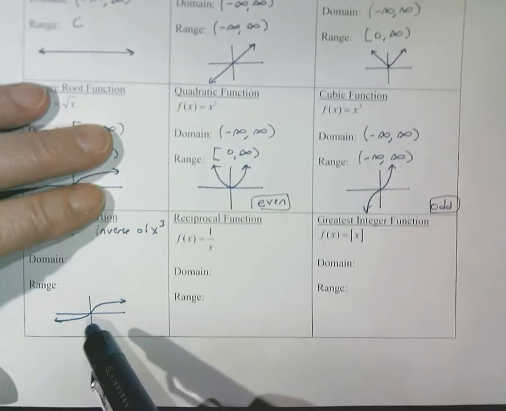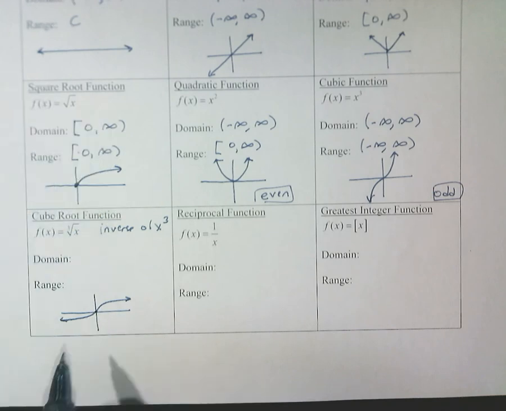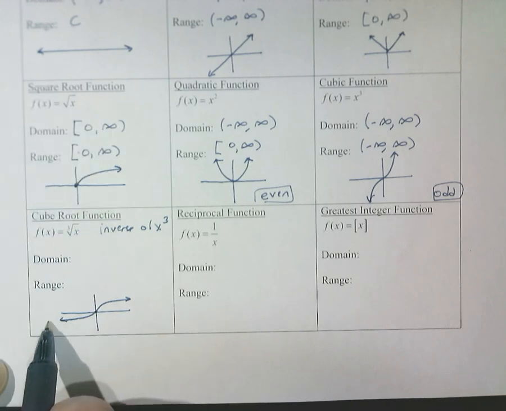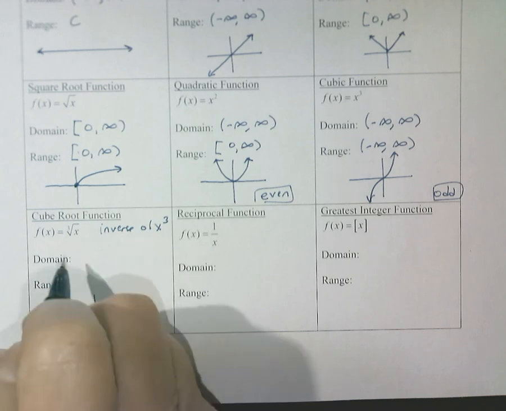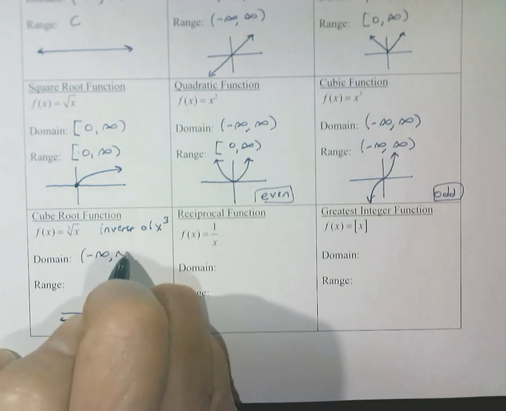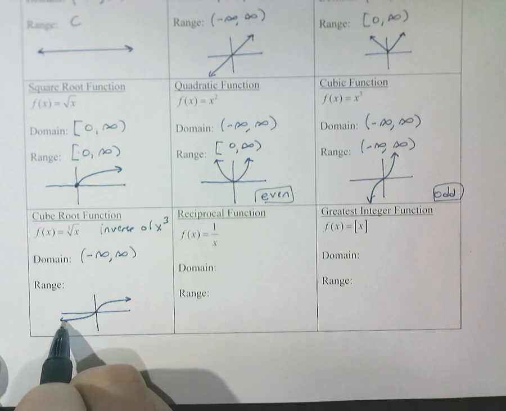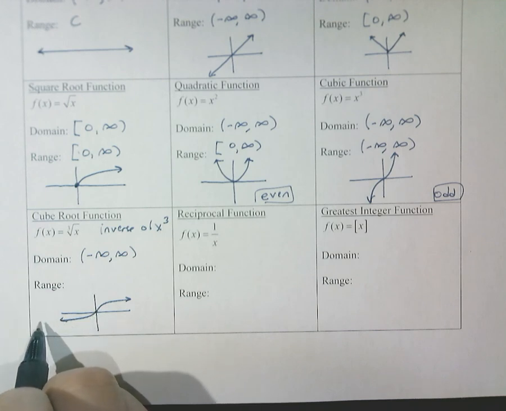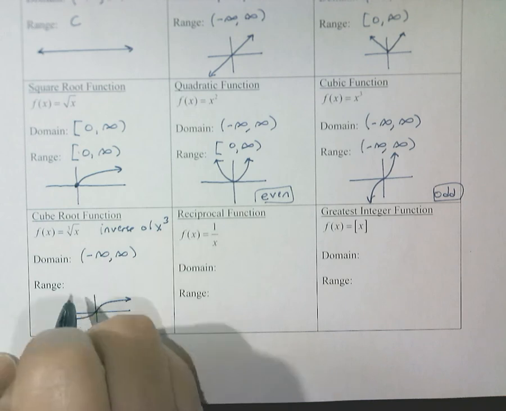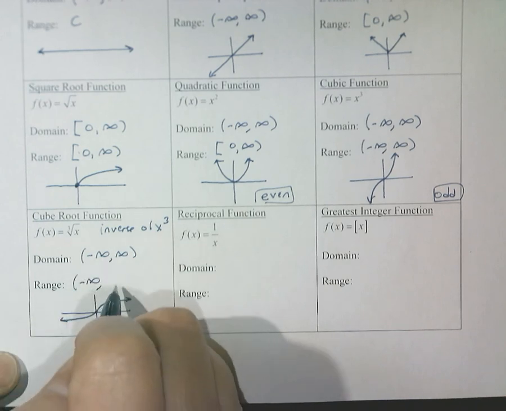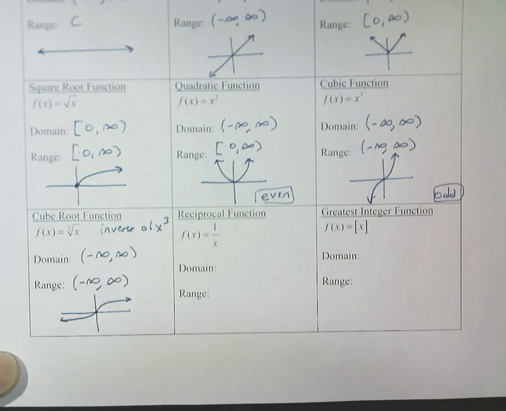Oh, it should be symmetrical. It's not drawn perfectly. So my domain, left is negative infinity, to the right is infinity, so all real numbers. Furthest it goes down, this is going to keep going to the left, but it's also going to keep dropping down. So it goes to negative infinity and goes up to infinity.